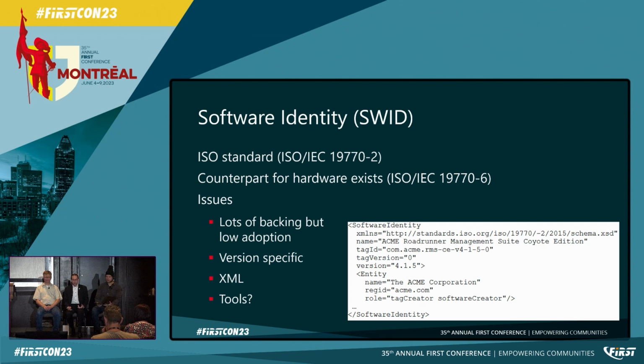It's very version specific, and it's XML. And who today likes writing XML? So the question is, are there tools available that we can actually use out of the box to generate software identities with CERT, or even hardware identities?